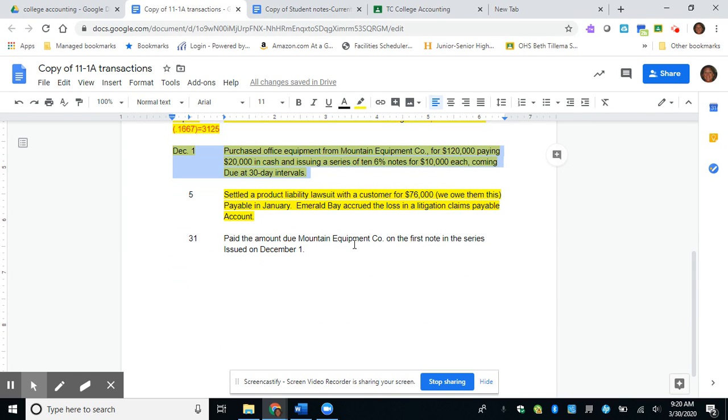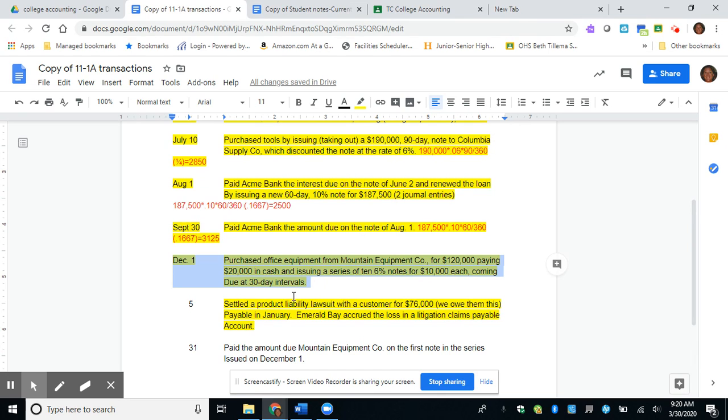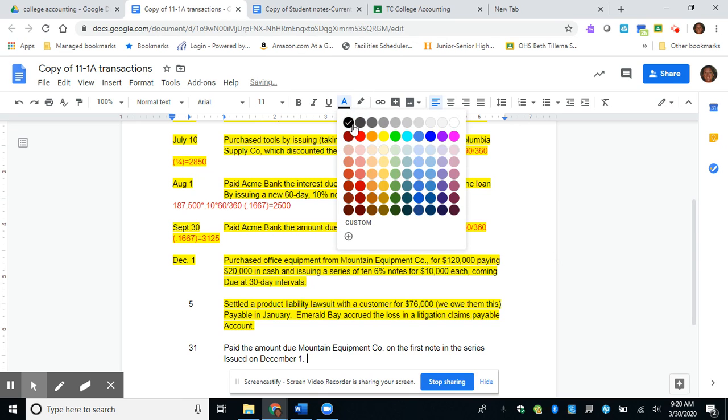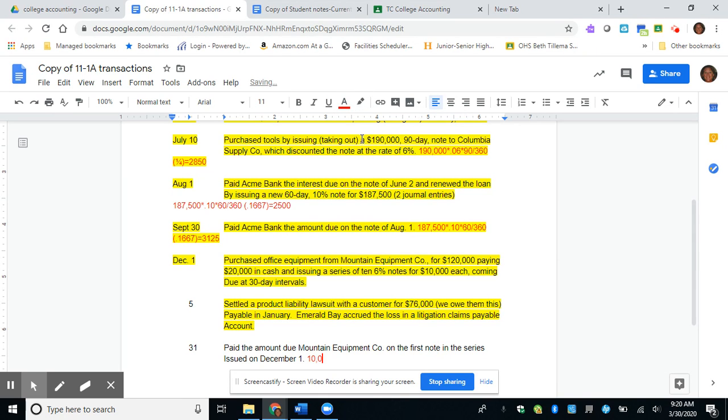And then I'm going to pay Mountain for the first note. So every time that a different note is due, I'm going to calculate interest on that length of time. Since this is the first one, it's going to be 30 days. So my first note is worth $10,000. I'm going to multiply this times the 6%.